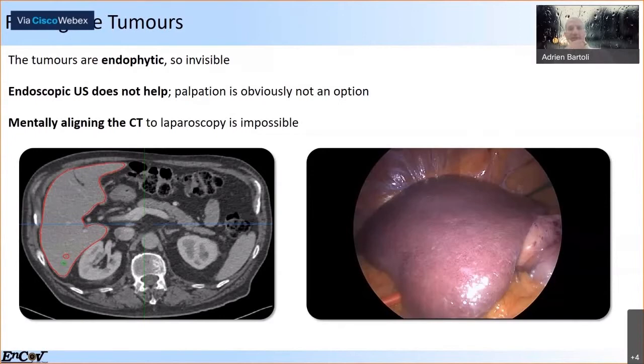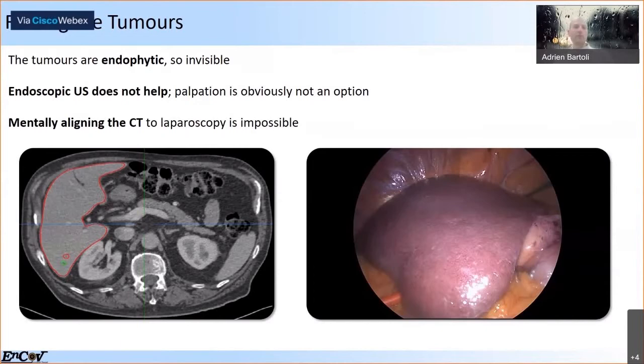That makes it a difficult case for the surgeon, because when they have to remove these tumors, if you look at the right of the screen, this is what they actually see. This is the liver, same patient, and they have to remove these two small tumors, but they don't actually know where they are, and they cannot touch with their bare hands.